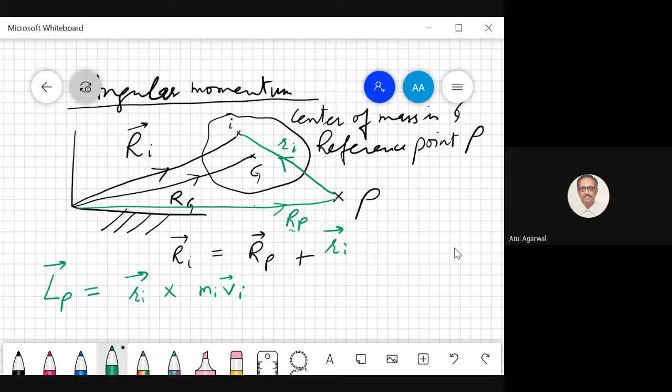So ri is the position vector of particle I with respect to point P, and vi is also the velocity. I will use dri by dt.